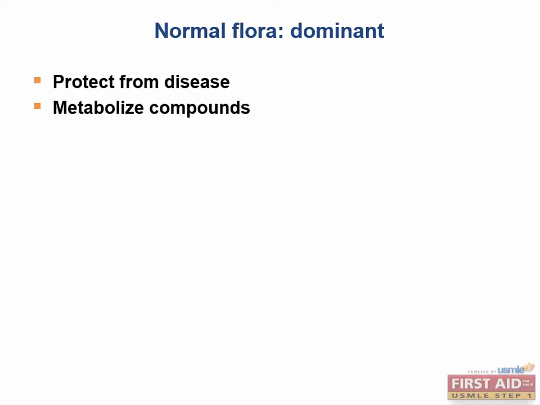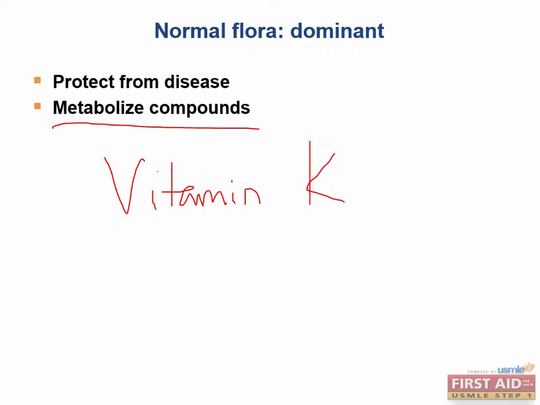These flora are also important in our GI tract because they help us to metabolize compounds. For example, do you remember which vitamin relies on bacteria to aid in its metabolism and proper absorption? That would be vitamin K. Very good. And do you remember what vitamin K is important for? It is important for the gamma carboxylation of coag factors.